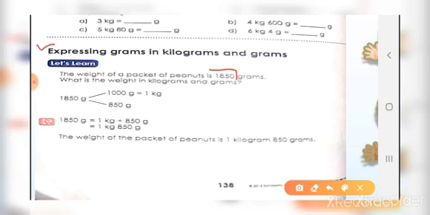Here the weight is given in grams, and we have to convert it into kilograms. So what is the weight in kilograms and grams? We have to convert grams into kilograms and grams.